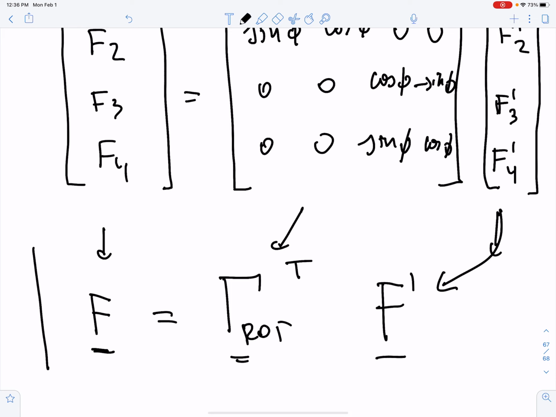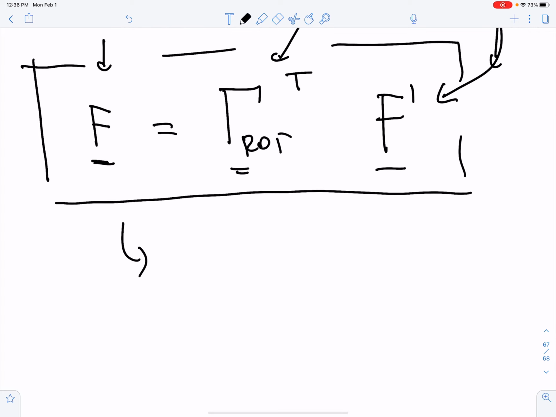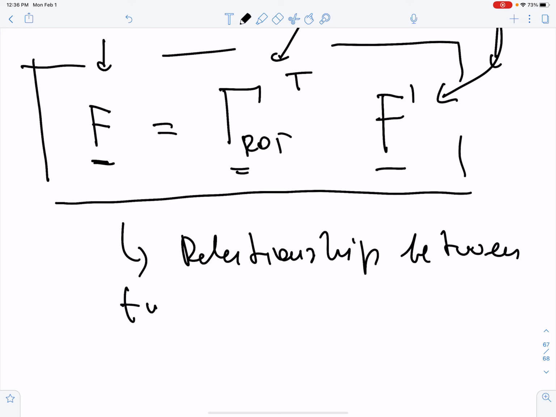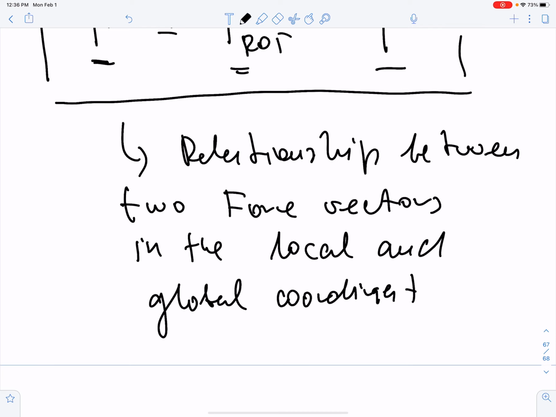And so this is the relationship between two force vectors in the local and global coordinate systems.